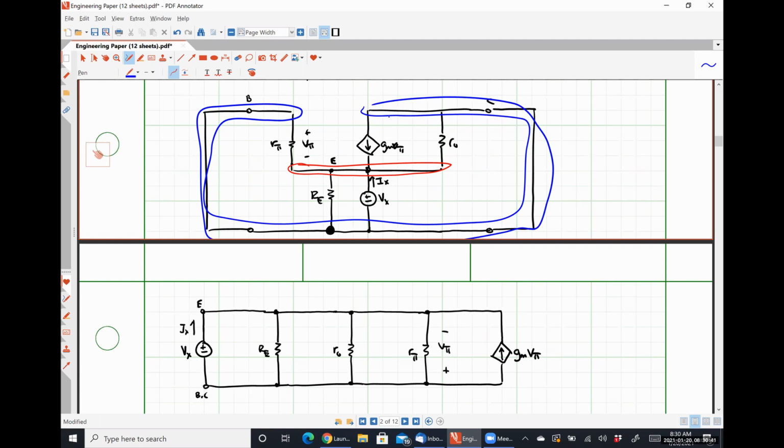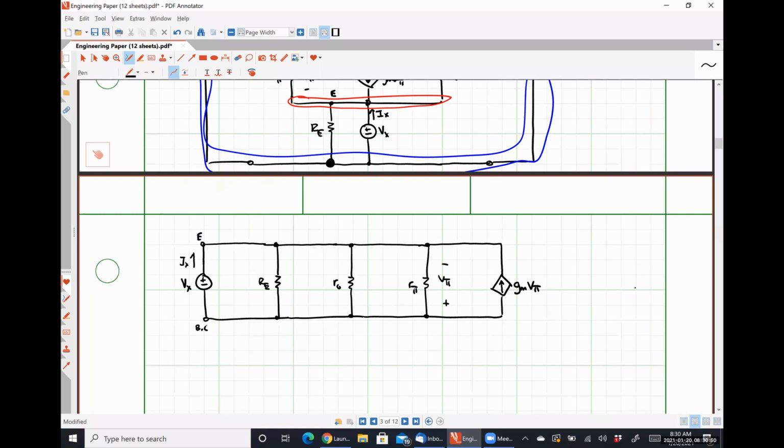So have I redrawn it correctly? Yeah. All right. Just want to be real clear about how I'm redrawing things. So in this case, I'm just going to use Kirchhoff's current law to figure out what Ix is in terms of Vx. So for instance, I could say that Ix is Vx divided by Re plus Vx divided by R naught plus Vx divided by R pi minus Gm times V pi, where V pi is exactly equal to negative Vx.